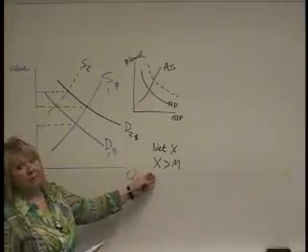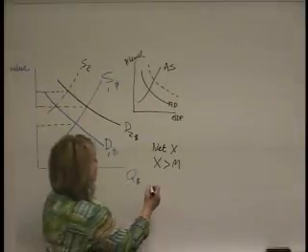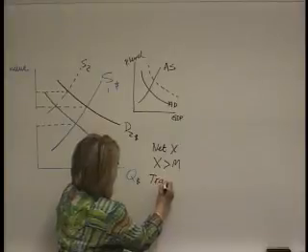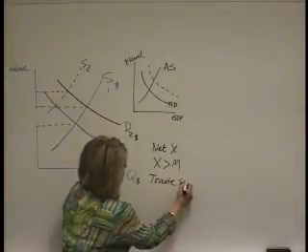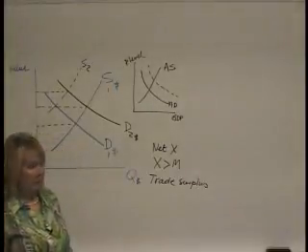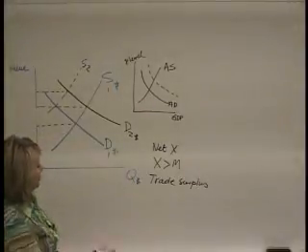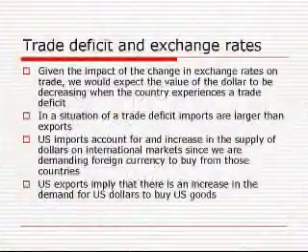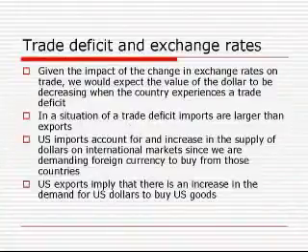And that is going to be happening when we have a trade surplus. Now, if we have a trade deficit, which of course we have been having since the 1980s, non-stop, ever-growing trade deficits, then this is a situation where our imports are larger than our exports.